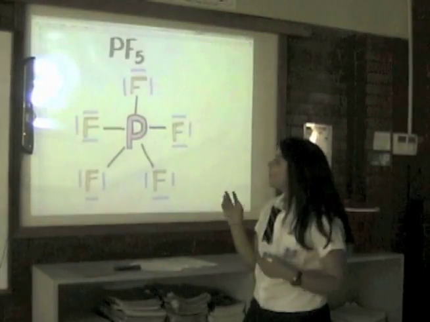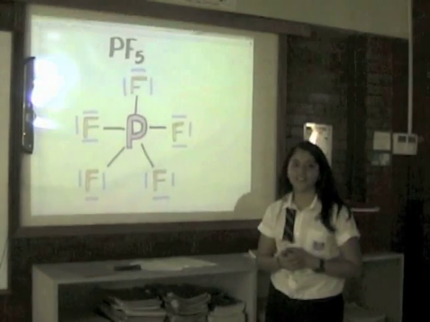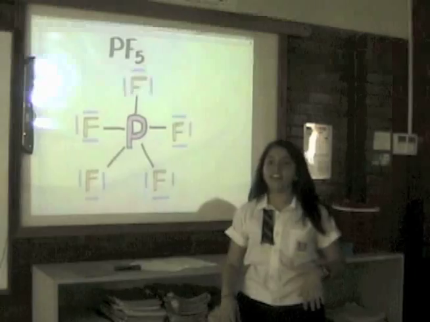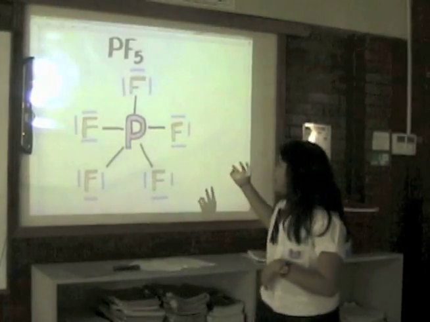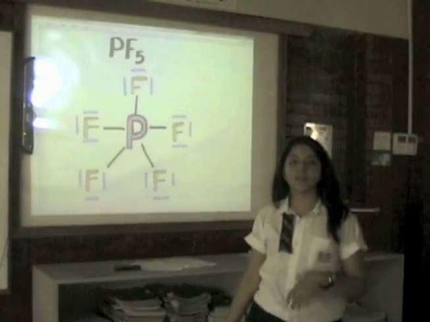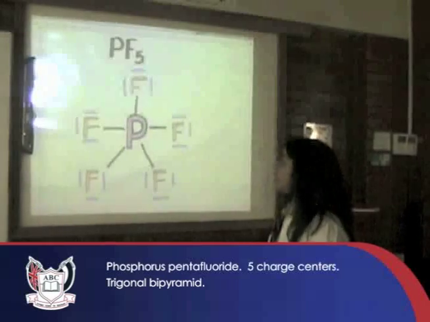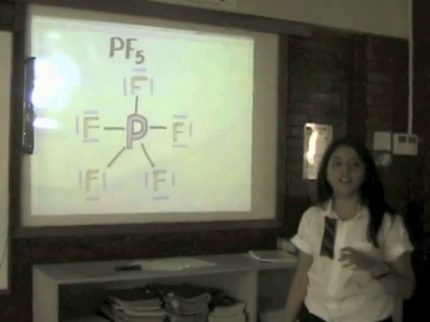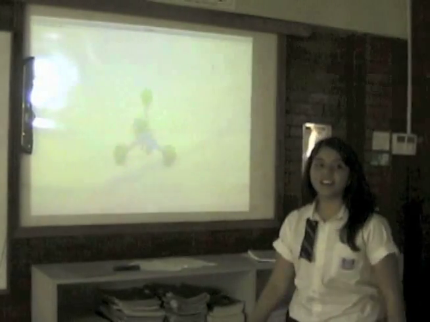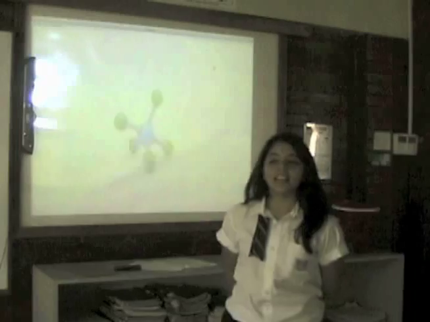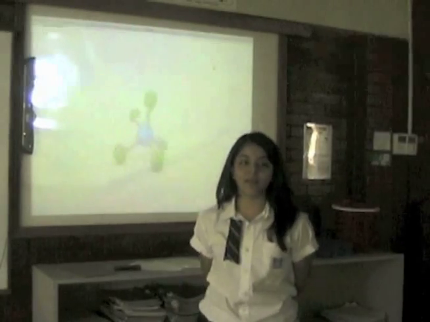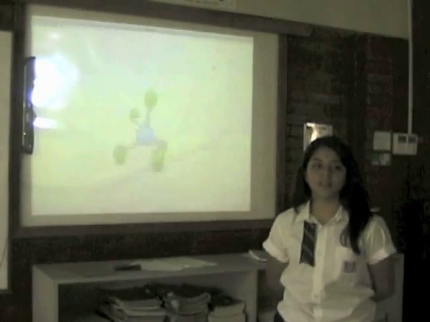This molecule is called phosphorus pentafluoride, PF5. Here we can see the Lewis structure, and the number of charge centers is 5. The number of non-bonding pairs is 0, and there are 5 bonding pairs in this molecule. The shape of the charge centers is a trigonal bipyramid, and this is the same shape for the molecule because there are no non-bonding pairs.